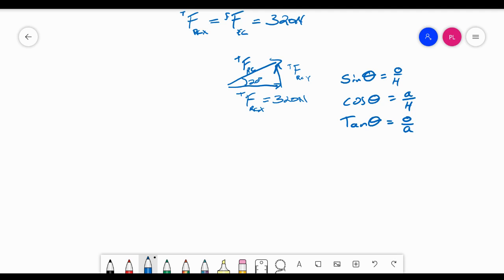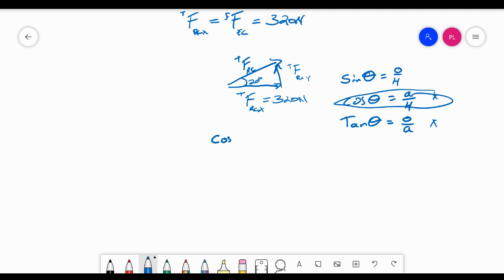Well, the angle is 20. We know the x component. That side is adjacent to our angle. So we're looking at one of these two. And the other thing we're looking for is the force of tension. So that's the hypotenuse. So we're really looking at cosine.